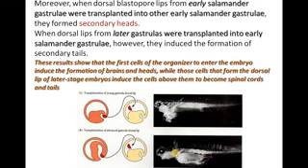This clearly indicates that in the early gastrula, the upper lip gives rise to the head and brain region, and during the later stage, the same upper lip area gives rise to the notochord, the spinal cord, and the tail region.